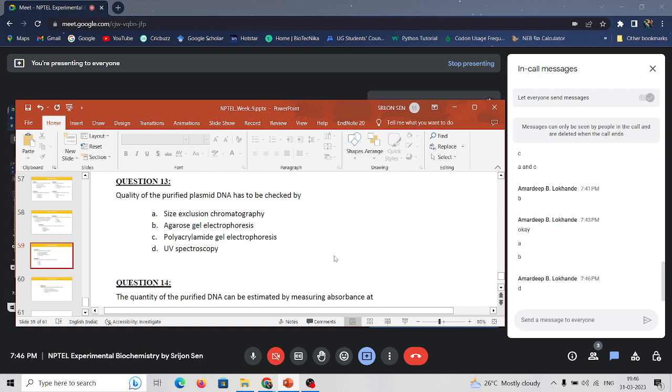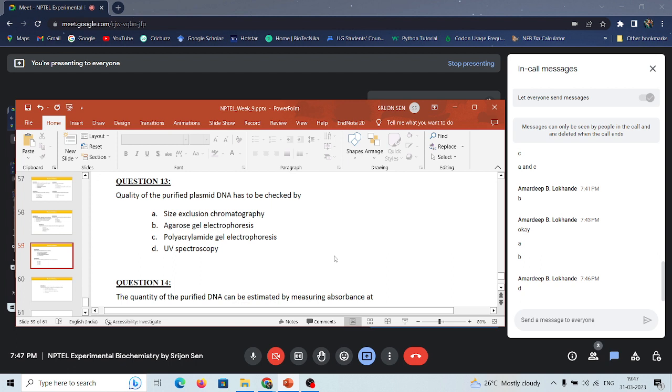Okay. We do not use size exclusion chromatography, that is for proteins, and we do not usually run PAGE. But we use agarose gel electrophoresis while studying DNA. I was teaching in my previous lectures about agarose gel electrophoresis, where you have EtBr which intercalates inside your DNA strands, and because of that your DNA fluoresces.